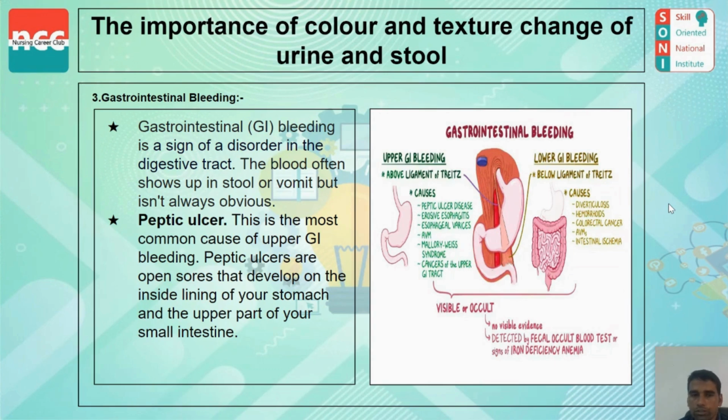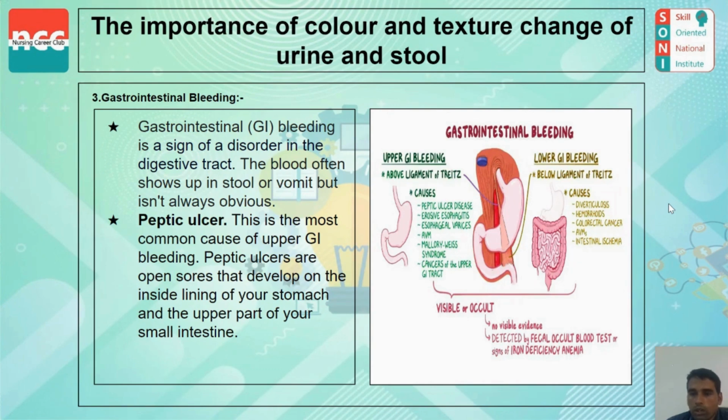The blood often shows up in stool or vomit but isn't always obvious. Peptic ulcer is the most common cause of upper GI bleeding. Peptic ulcers are often sores that develop on the inside lining of your stomach and the upper part of your small intestine. This is all about gastrointestinal bleeding.